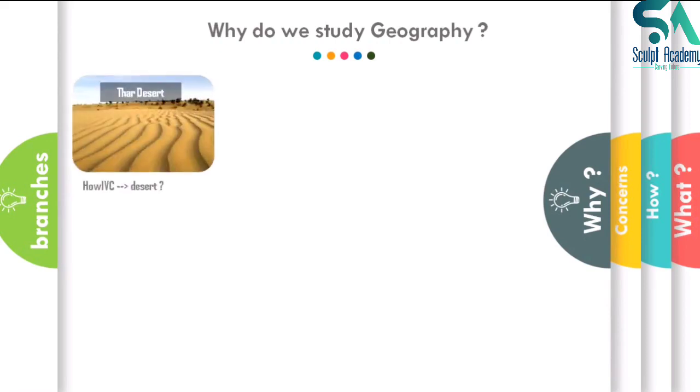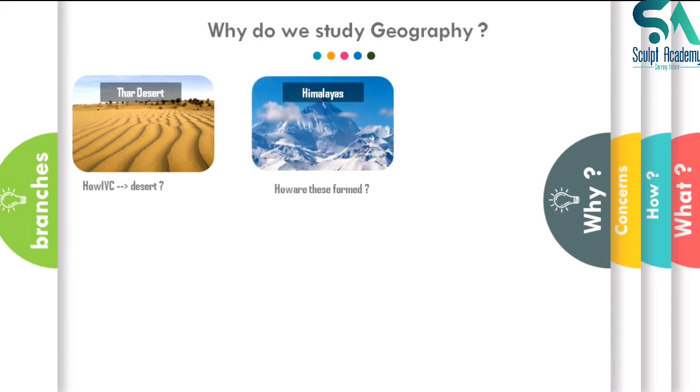Why do we study geography? There are various curiosities hidden inside our own minds, like the Thar Desert. Have you ever imagined how a well-flourished Indus Valley civilization converted into a desert like Thar? When we studied the Indus Valley civilization, agriculture flourished in this area, but now we consider that area the Thar Desert.